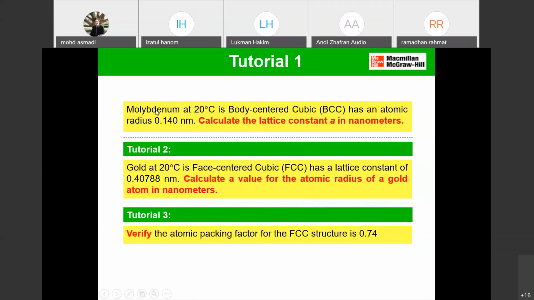Molybdenum at 20 degrees C is a body centered cubic, with an atomic radius of 0.140. Calculate the lattice constant in nanometers. It's similar. Since it's BCC, the equation is going to be similar. So the equation is A equal to 4R divided by square root 3.